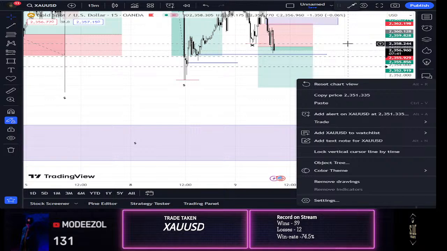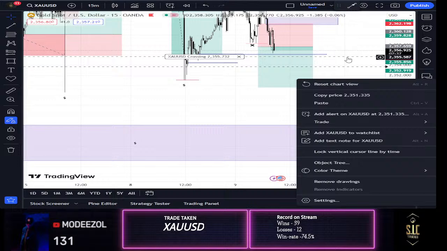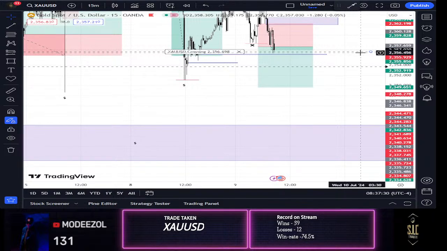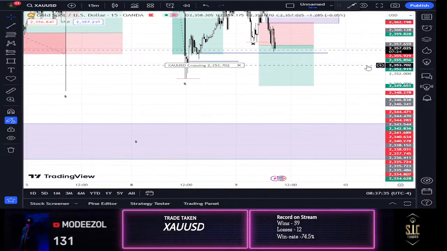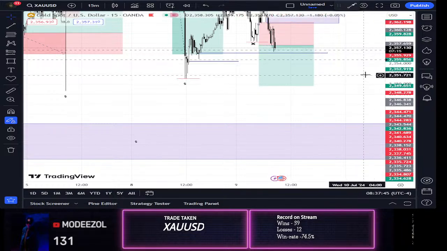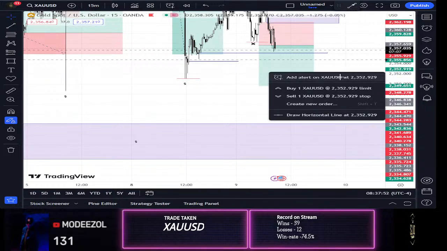So up here, 23.58. So the first TP was at 23.56. So up in here, right there is the first one, and then the second one would be 23.54, which is here, and then the third one would be 23.52, right there.